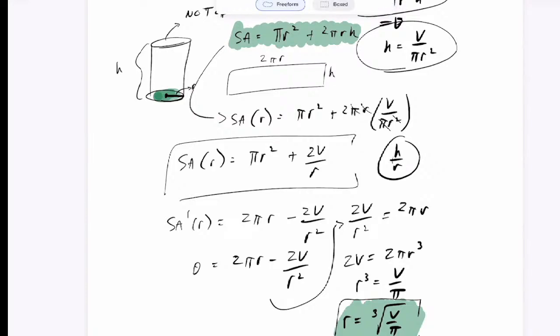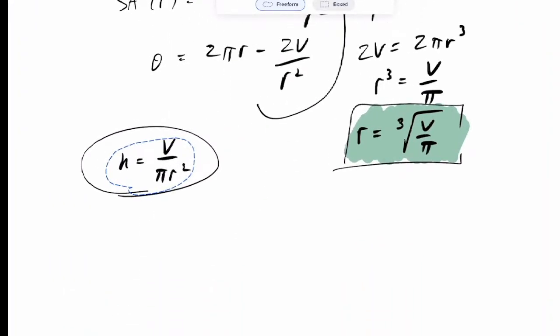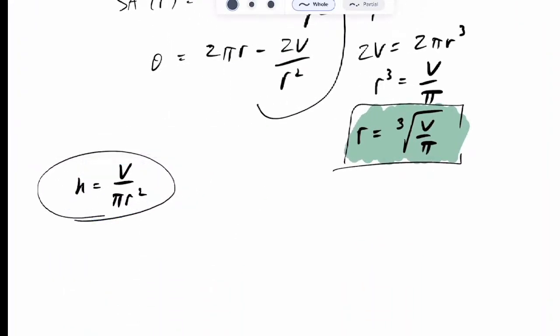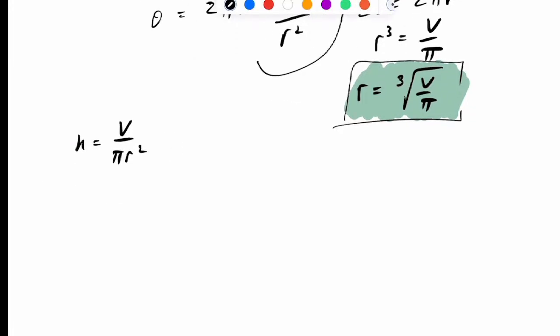I have this formula here, another equation that involves all of these letters. So what I'm going to do is sub in the r. Actually, I'm not going to sub in the r, but if I take h over r, h is equal to v over pi r squared, and r I just found is the cube root of v over pi.